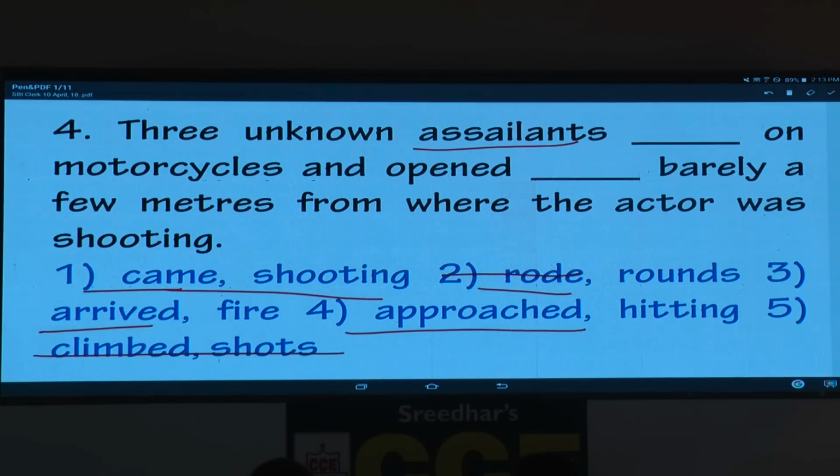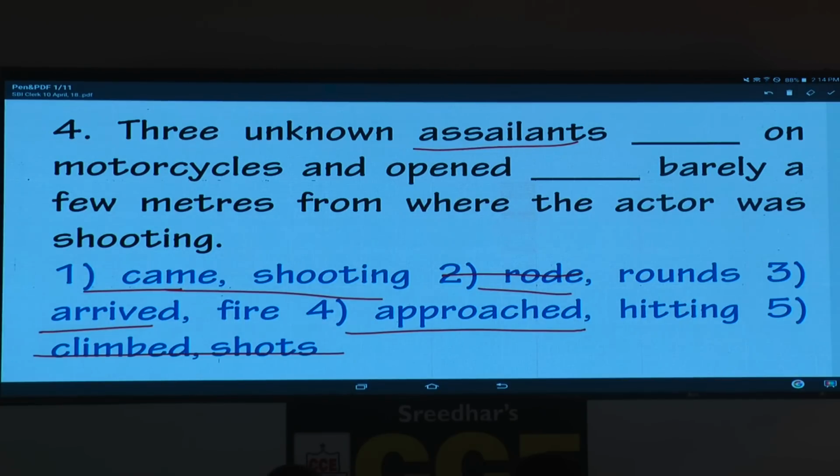What is the third option? Arrived on motorcycles. Generally we say they arrived on something. So this is acceptable. What is the second word? Open fire. That is effective English. Open fire, literally if you take it, how can you open fire? You can never open fire. But what does it mean? Open fire means to start shooting.